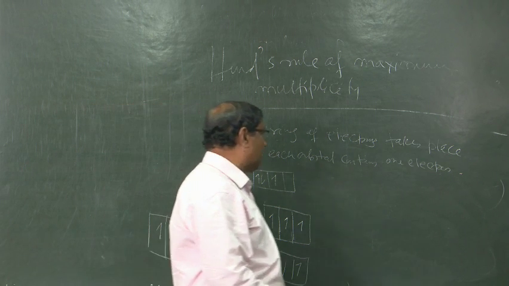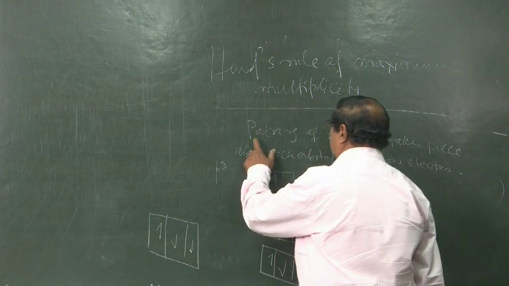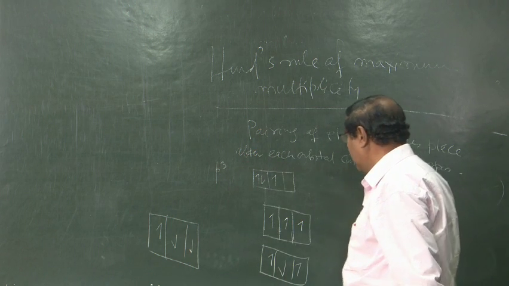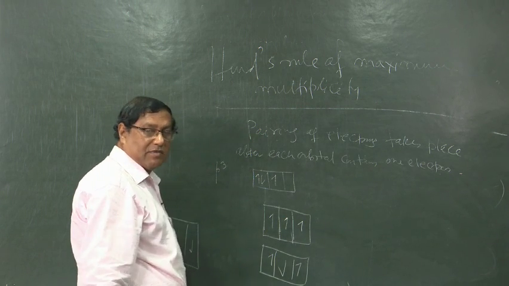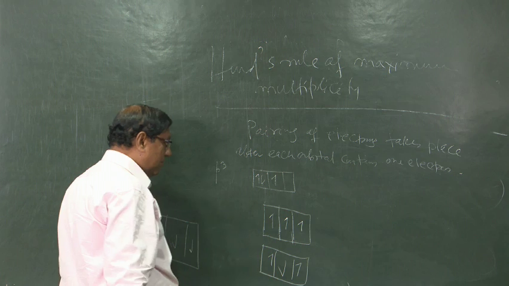Then which is the correct way? That can be determined from Hund's rule. Now look here. These 2 electrons can be paired, then it is 1 electron.